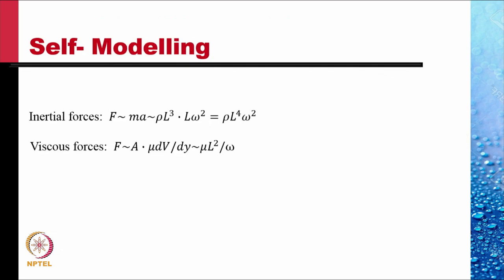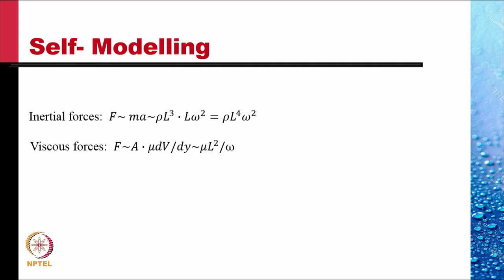So, two forces are of importance if the viscous forces are not negligible. Inertial forces, like m a, which gives you rho L raised to the power 4 omega squared, where omega is the angular velocity, and the viscous forces, which are like mu times L squared times omega.